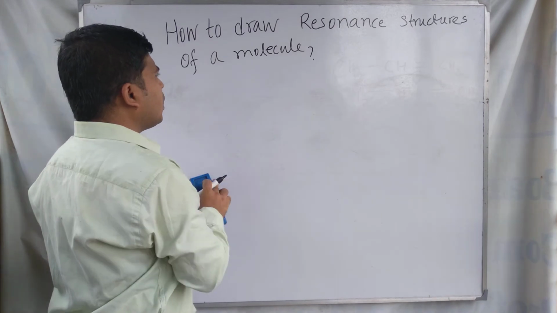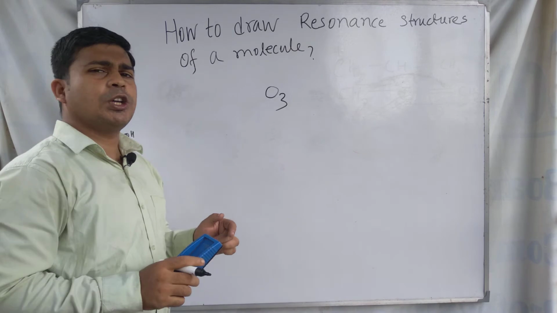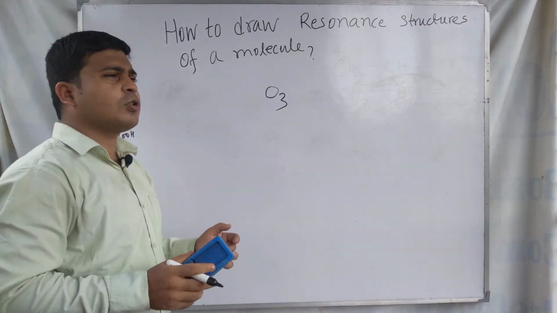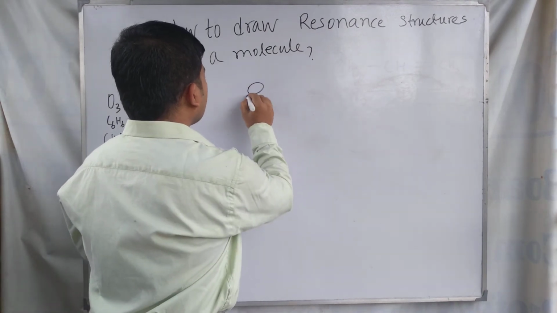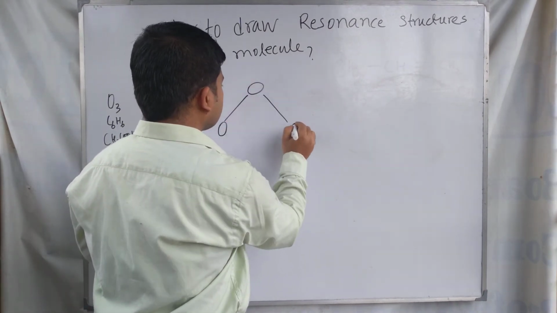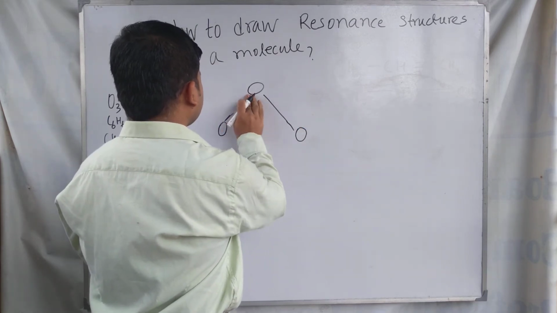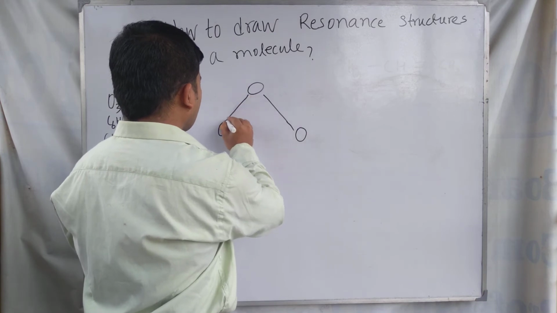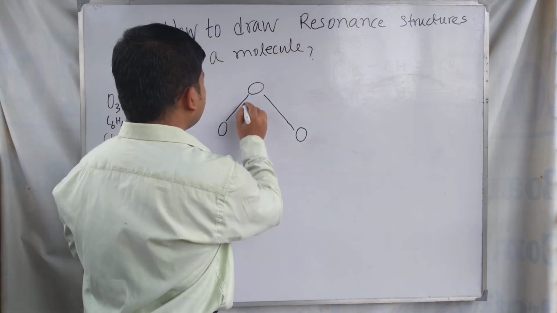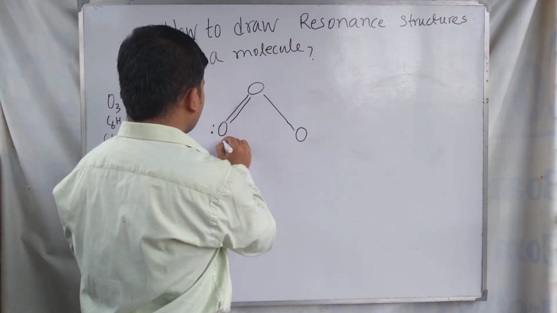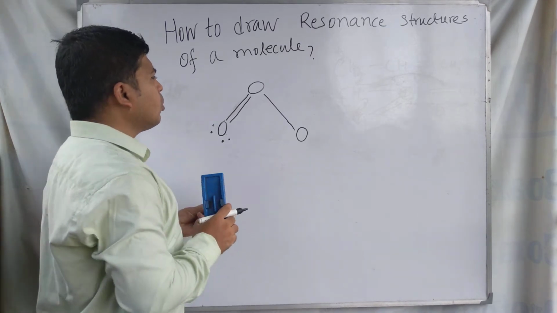The next important resonance structure is for the ozone molecule. Suppose you would like to draw the resonance structures of the ozone molecule. So this time what you have to do: this is the ozone, O3, and for each oxygen atom you have to make the valency 2.